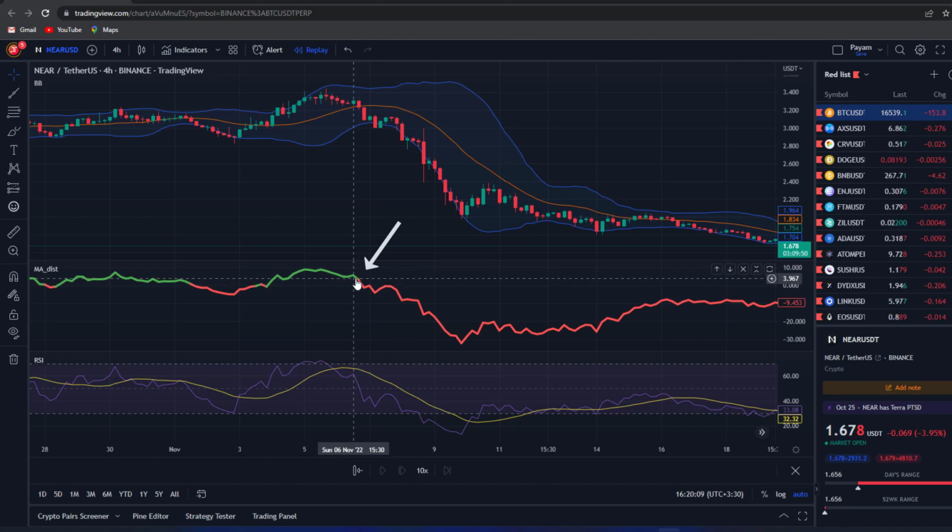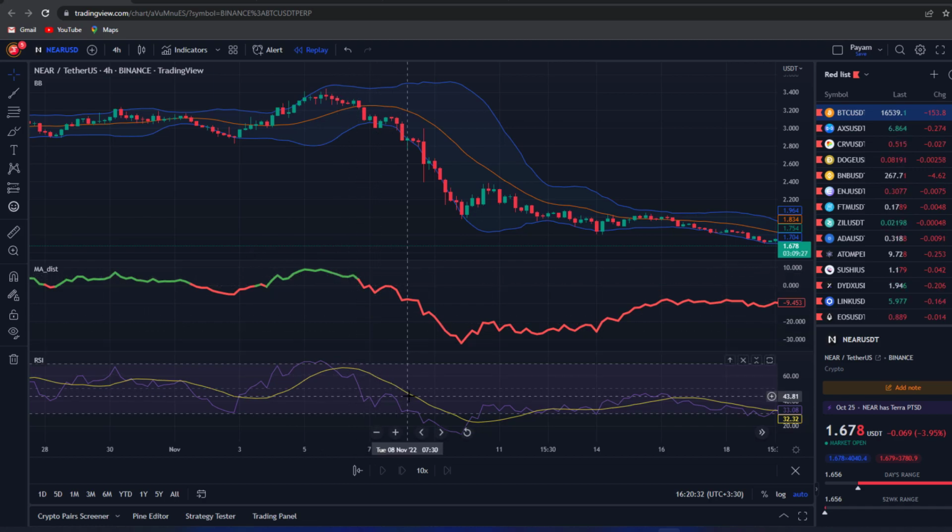No. We should wait for other confirmations as well. So when it changes from green to red, we are going to enter short positions, although based on other confirmations as well that I'm going to tell you guys. If it's changing from red to green, however, we can enter long positions. Okay, this was the first one.